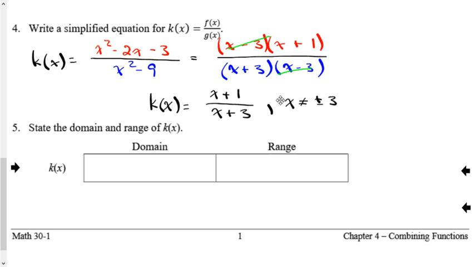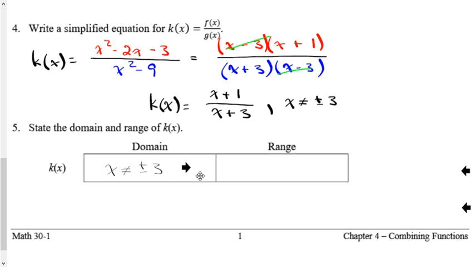And I wrote down the restrictions right away, and the factored form helped me find those restrictions. So again, I looked at what values for x make the denominator 0, and I discover it's positive 3 and -3, which is also answering my question about the domain. X can't equal positive or -3.